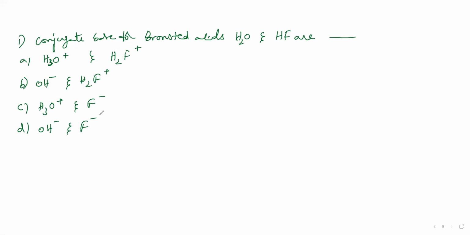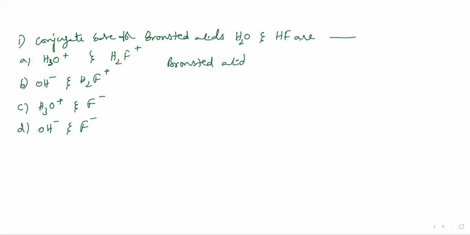Just think what we need. We need conjugate bases for them. Now how will you get a conjugate base? By removal of a proton from acids. Bronsted acids are given.